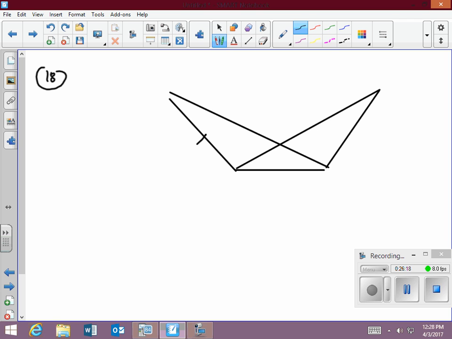So this side and this side are congruent. This angle here, that angle congruent. And then we have P, Q, R, and S and T.